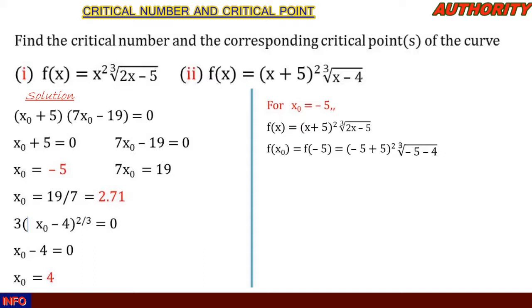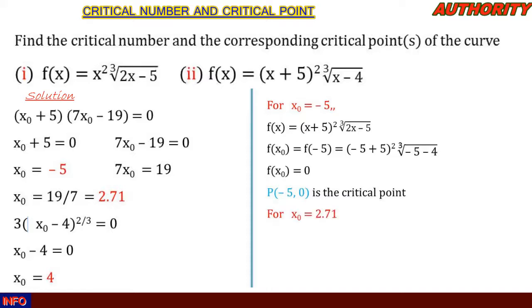When we simplify this, it's going to give us 0. So P of (minus 5, 0) is the corresponding critical point for the critical number x naught equal to minus 5.